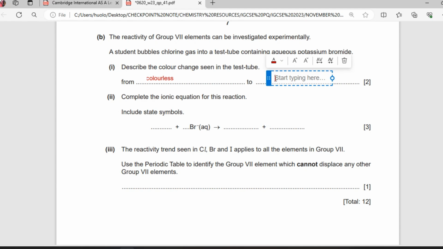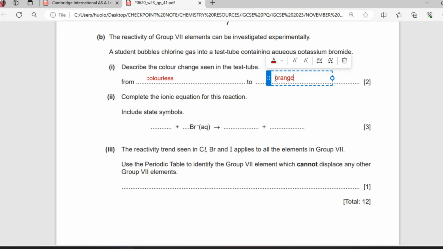Bromine is going to be formed as aqueous, dissolved in water. So the orange color of bromine will overshadow. Okay, so you have orange. Even though potassium chloride is also colorless, the orange color of bromine is what you will see in the test tube. Is that okay? Alright, so we make progress.